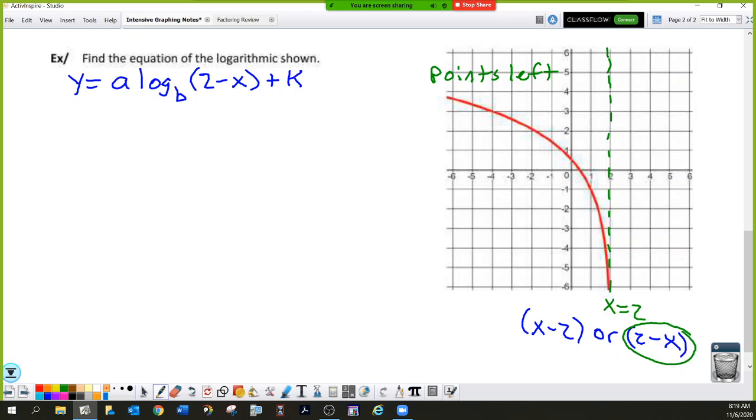All right. The first thing we did when we were trying to hunt down our equation on the last one after the asymptote was we found 2 pretty points. I want you to do the same thing. Find 2 pretty points. There's one at (1, -1).